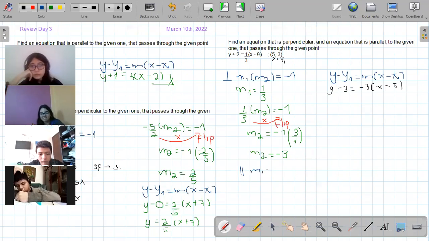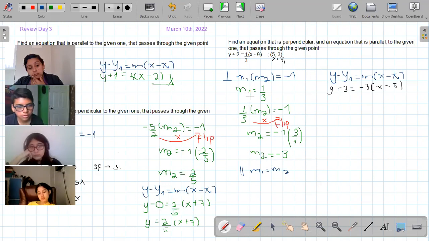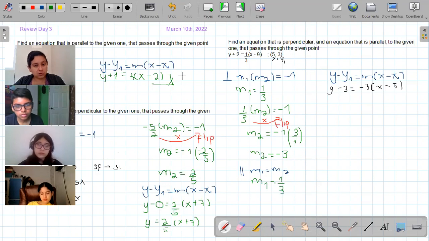M1 is equal to M2. Since we found already for the first part the M1, I just go ahead and copy it, okay? I know already that it is 1/3 because I'm using the same equation, right? So if M1 is equal to 1/3, that means that 1/3, doing the substitution, is equal to M2. And I found my slope 2.